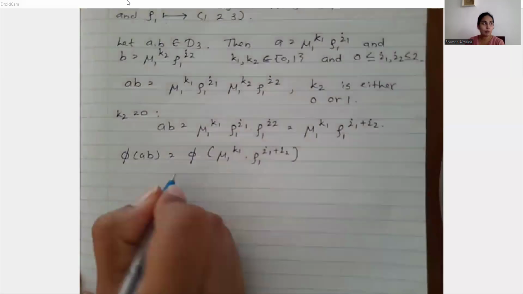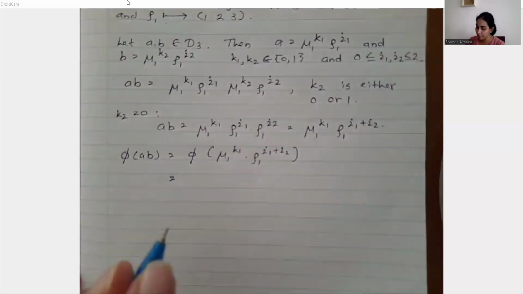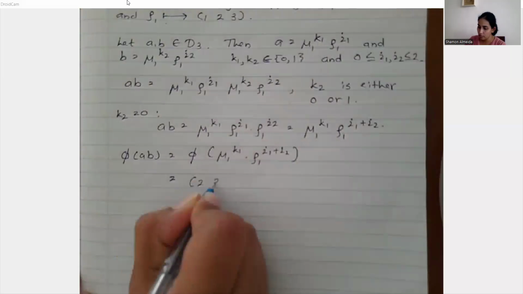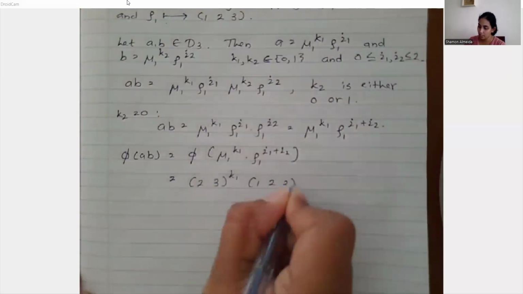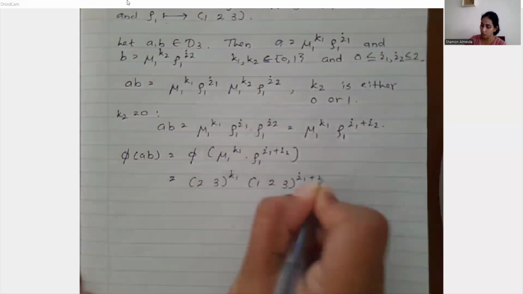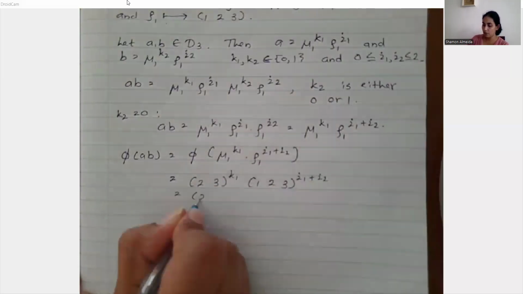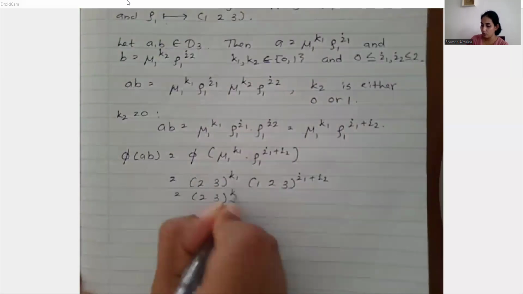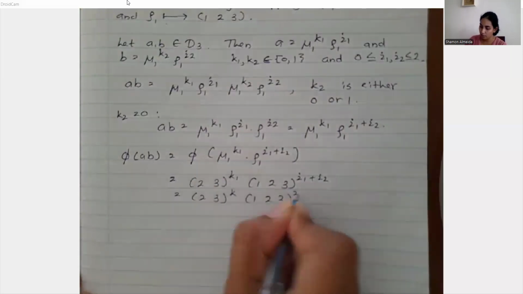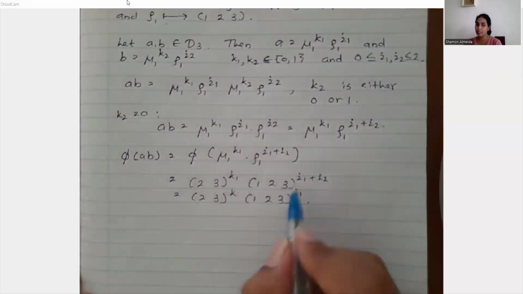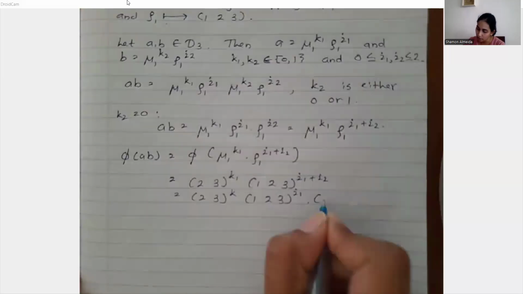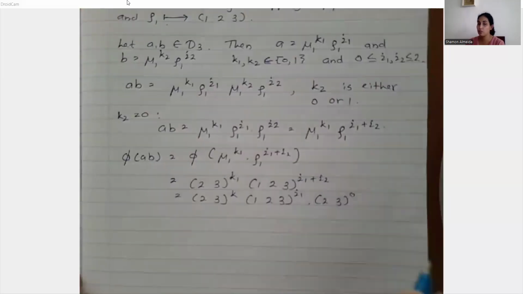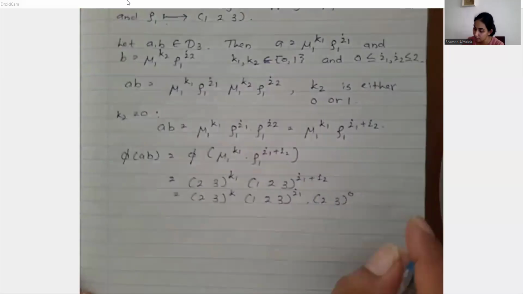This is equal to, by definition of phi, (2 3) to the K1 and (1 2 3) to the I1 plus I2. This you can write as (1 2 3)^I1 times this cycle raised to the power of I2. Before I write that, I will write (2 3) raised to the power of 0, which gives you the identity.